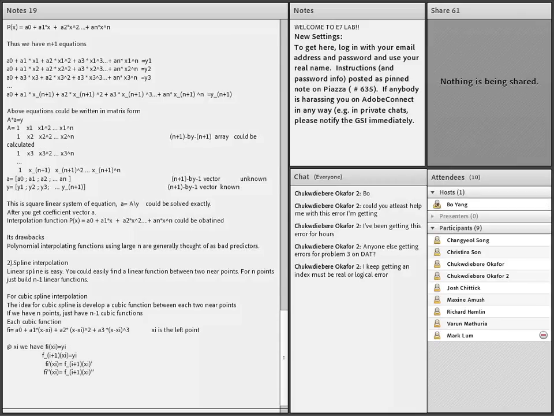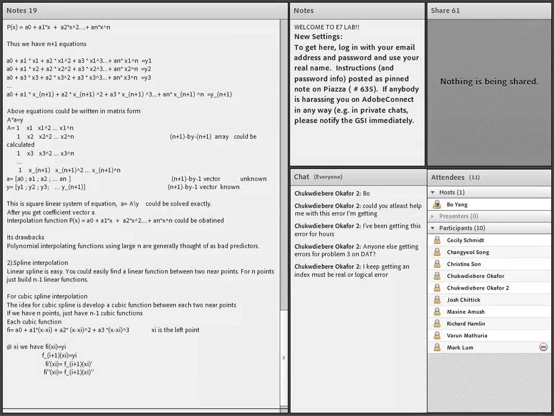For every xi, we have these 4 equations, except when i equals 1 and when i equals n, because when i equals 1, there is no i minus 1, so there is no left function. For i equals n, there is no right function.